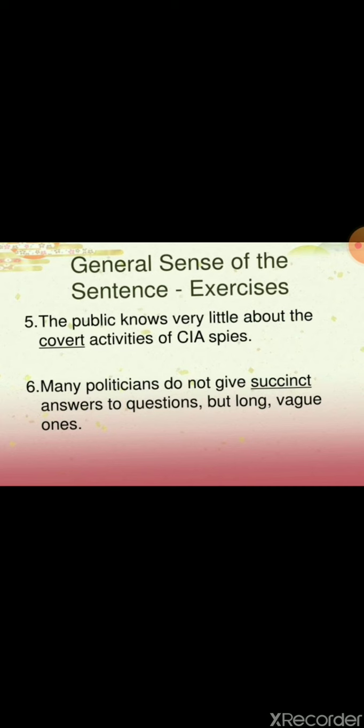Many politicians do not give succinct answers to questions, but long vague ones. Succinct means briefly giving the gist. Long vague ones is your indication; long is here, so think of the opposite: brief. So you got the meaning of succinct.